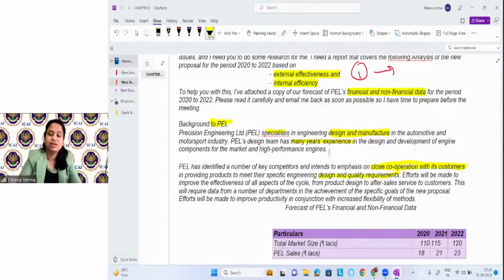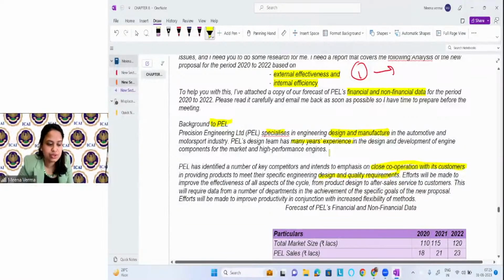We have learned that in the performance pyramid, customer satisfaction is the external thing we will consider. It is given here that we are working closely with the customer, and we want to give them the best design and the best quality.